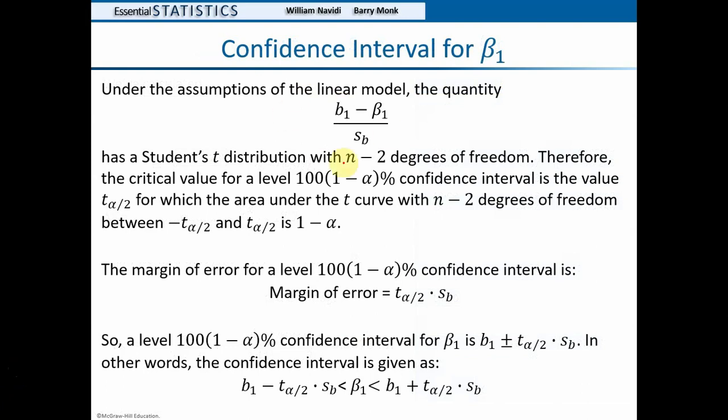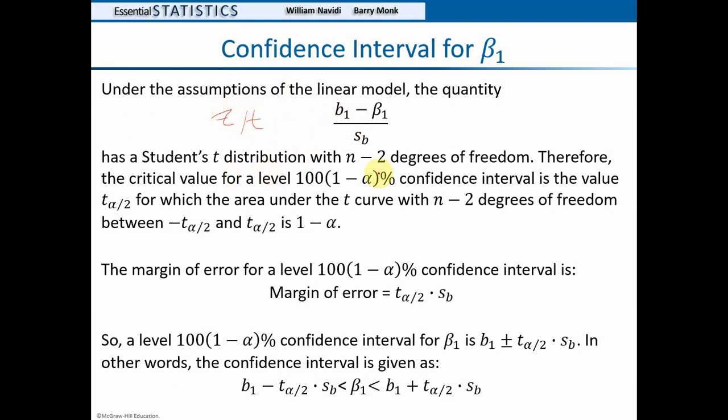So here's our confidence interval. So basically this is going to be a little score, right? Our z-score or t-score. Which one is better to use, the standard normal distribution or the student's t?